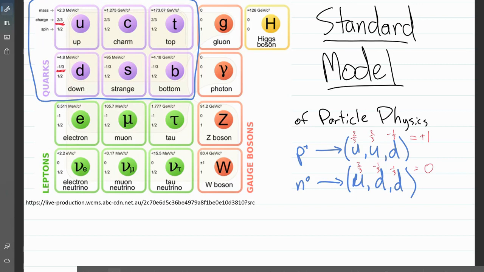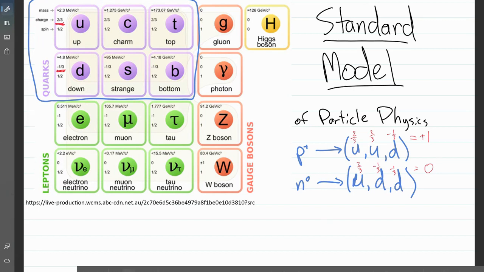What you do have to remember is that small particles make up big particles. I know that sounds kind of intuitive, but there are actually questions that AP will ask about a small particle decaying. Like maybe they'll take one of these leptons.